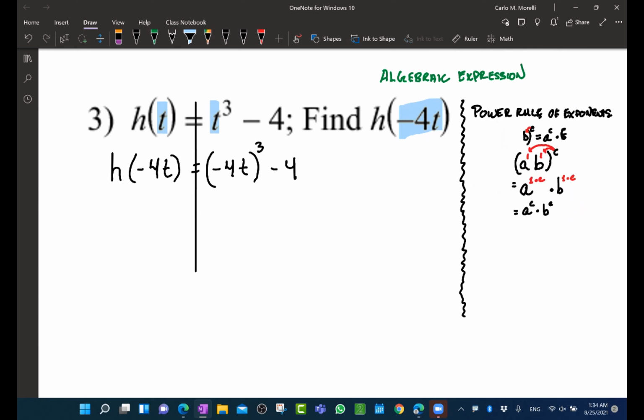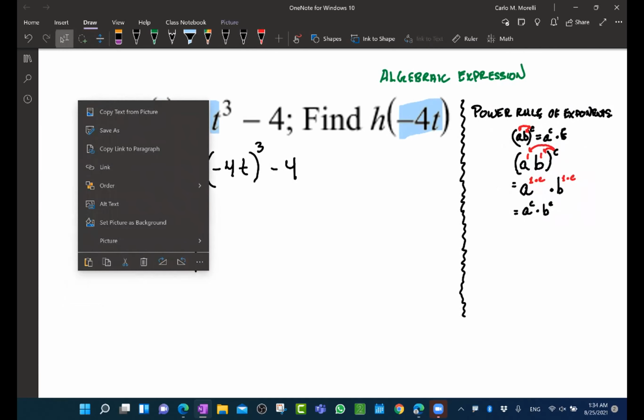Okay. I like OneNote because I can move this stuff around. I can make it smaller.